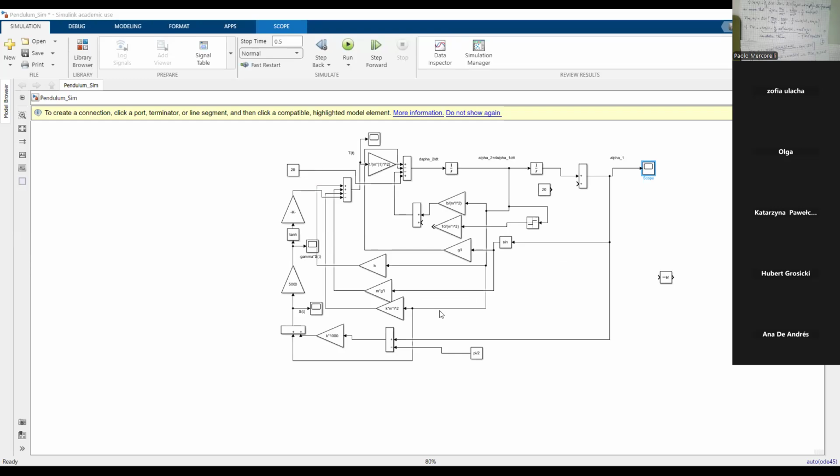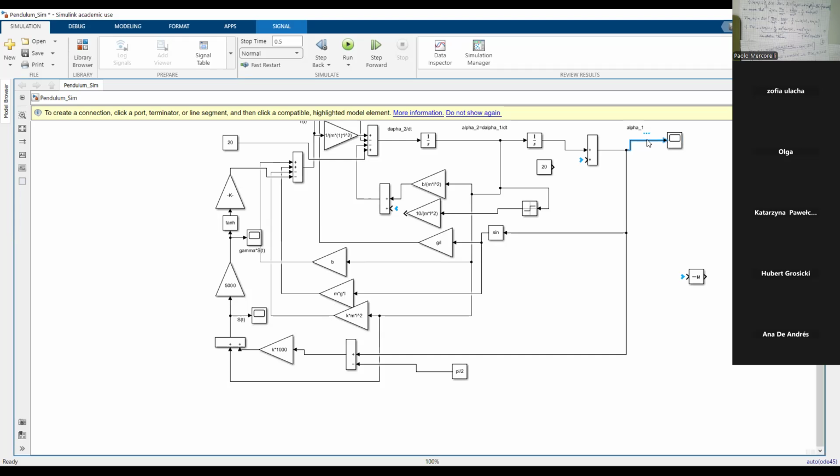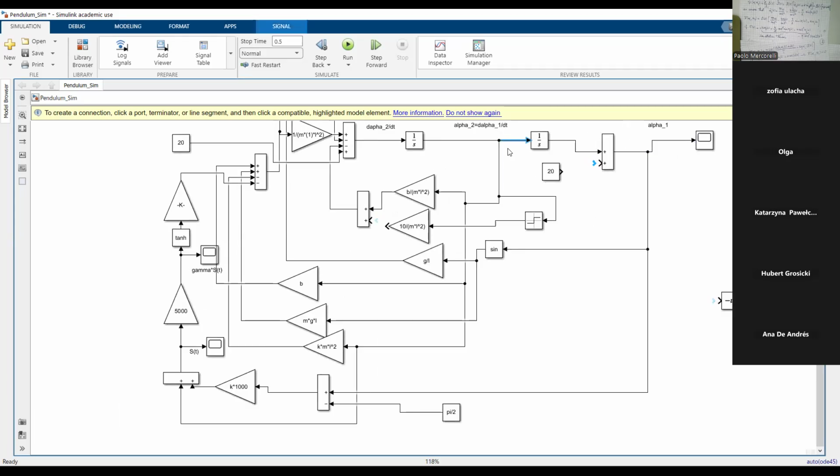Here, it seems a little bit confused because I put everything in one structure. Sometimes if I put the model in a subsystem and the controller in a subsystem, I have to click left, right. It seems a little bit confused, but in my opinion it's better than splitting into subsystems. Look, here is alpha 1, the position. We can see a little later where this could be considered a disturbance, for instance. Here we have alpha 2. Why do we have alpha 2? Because the integral of alpha 2 is alpha 1.